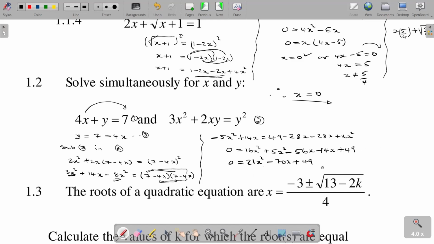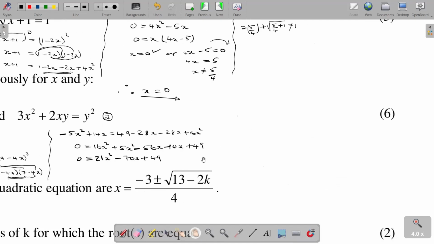If we are to divide the entire equation by 7, here we are saying dividing throughout by 7, since 7 is a common factor. Okay, let's leave dividing by 7, because sometimes it's difficult to see that 7 is a common factor.